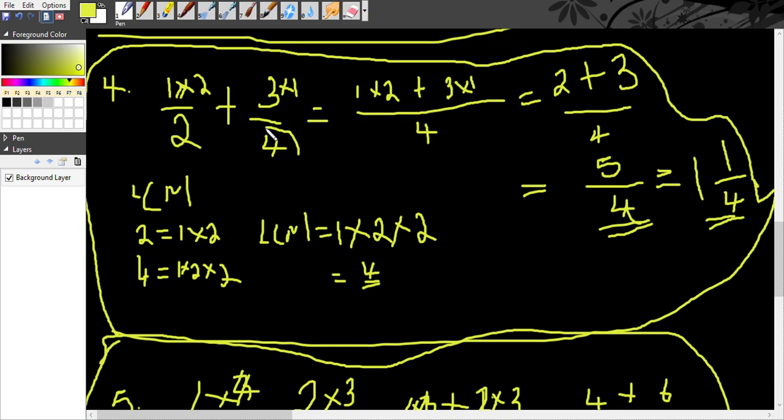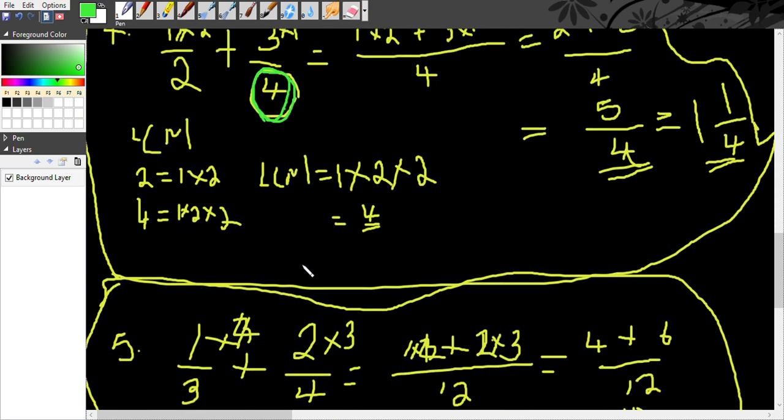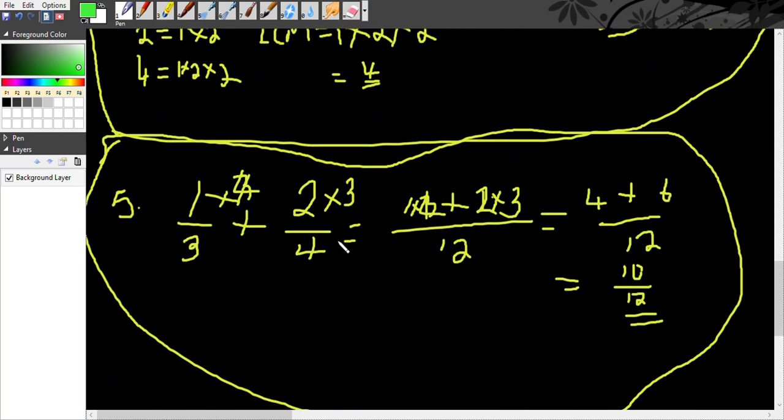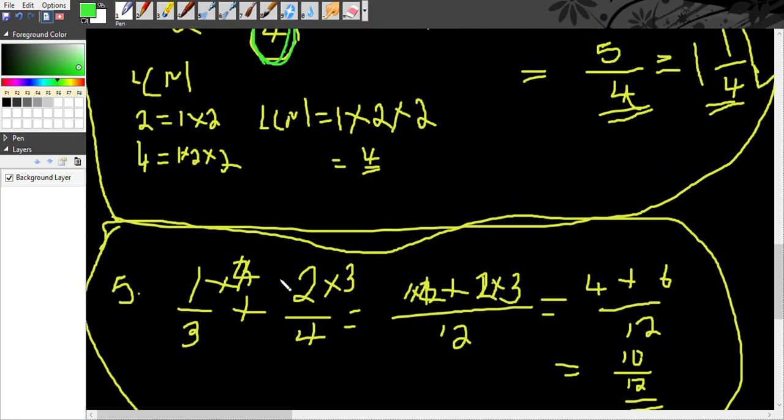In this case, the denominator was 4. This is some special type of fraction addition. A little bit tricky, but we did it in the last video.